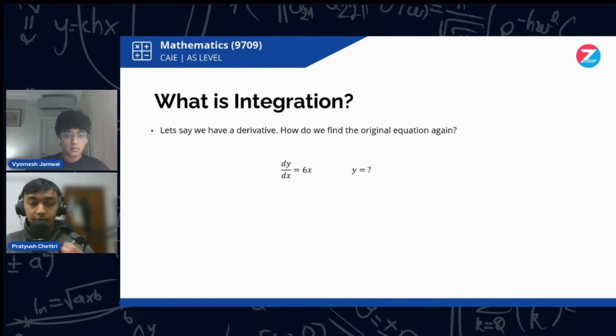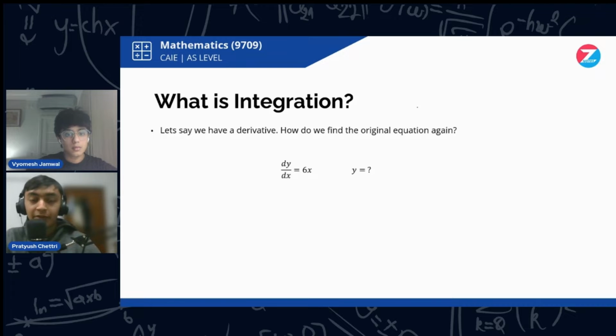Okay, let's get started. So first we need to understand the concept of integration. Imagine you have a derivative and you want to find the original equation again. So dy dx equals 6x. What does y equal?